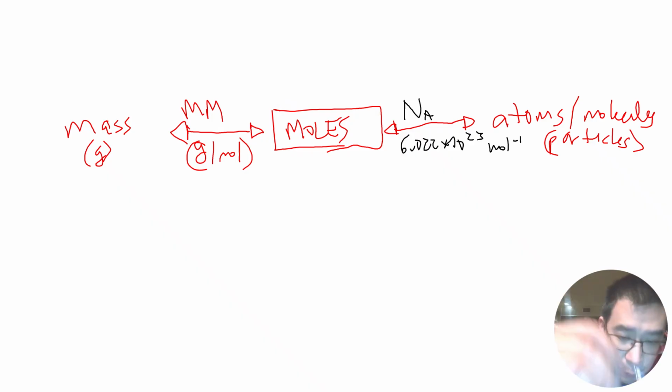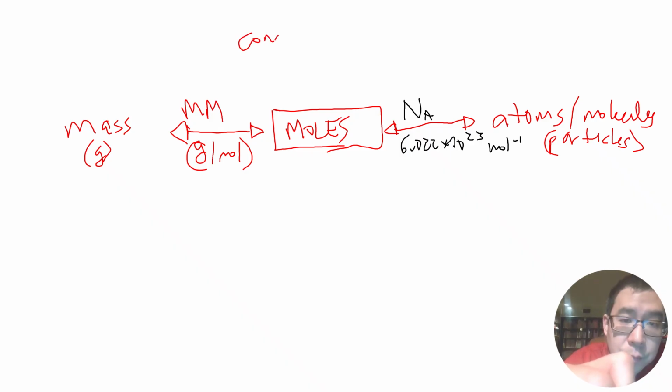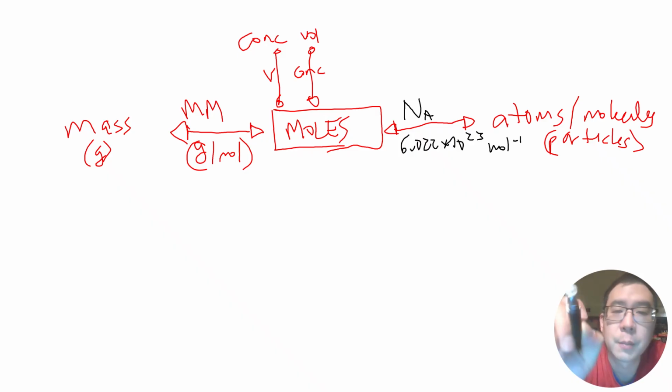When we're looking at solutions, we have concentration, and actually now that we've done the last slide, we can sometimes do this with gases also. If we have a concentration, we use the volume to get back to moles, and if we have a volume, we use the molar concentration to get back to moles.